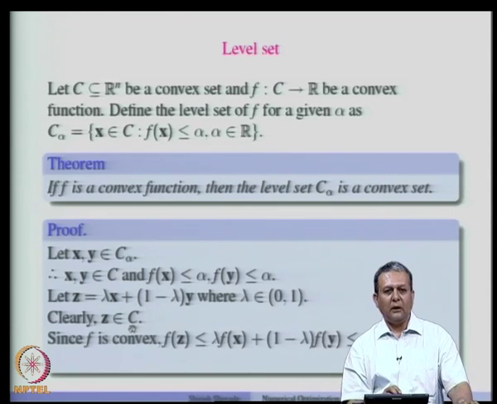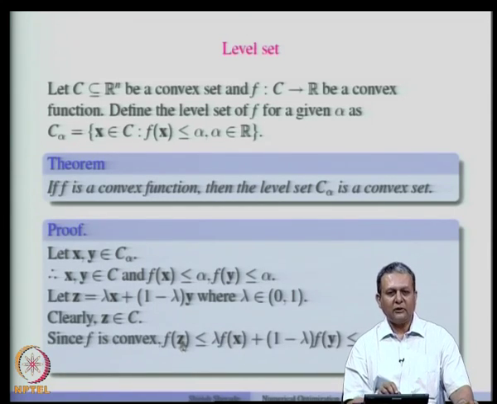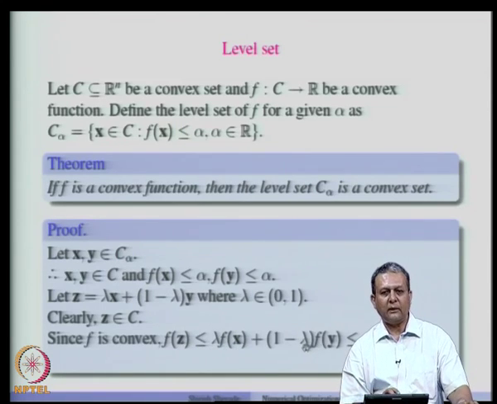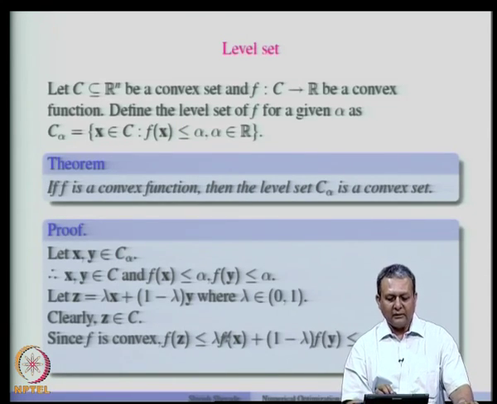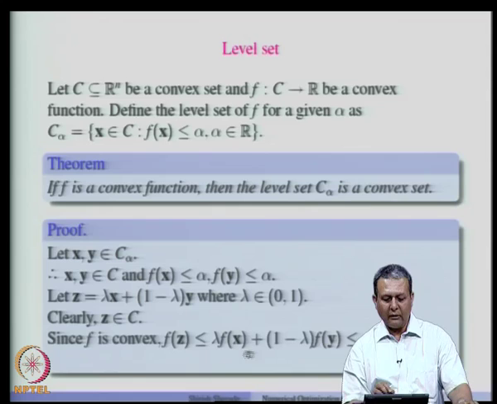Now, we assume that f is convex, and by the definition of convexity of a function, f of z is less than or equal to lambda f of x plus 1 minus lambda f of y. And since f of x is less than or equal to alpha and f of y is less than or equal to alpha, what we have is f of z less than or equal to alpha.